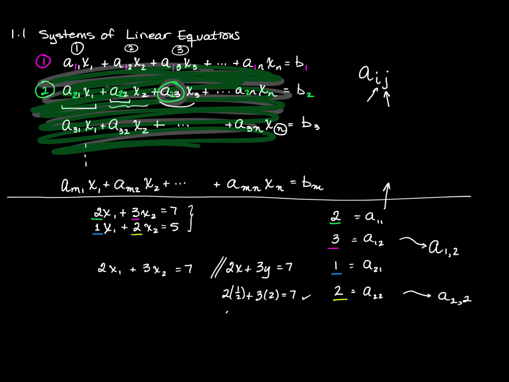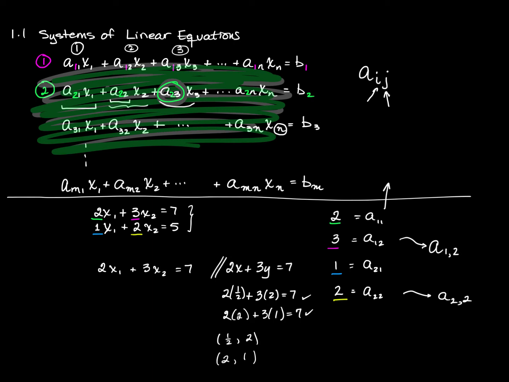But here's another one. When x equals 2 and y equals 1, we also get 4 plus 3, which is 7. So we have the solution 1/2 for x and 2 for y, and we have the solution 2 for x and 1 for y. And both of those work in this equation.